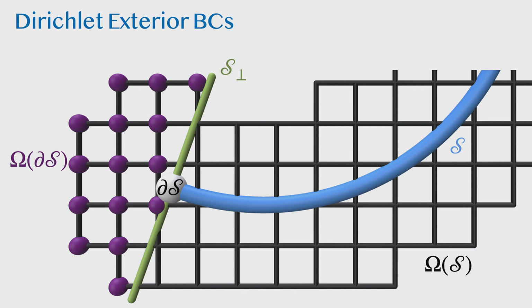For Dirichlet boundary conditions, you do actually have to do some modification of the equations. The exact boundary condition alpha just gets assigned to all the grid points in the boundary set. This results in a first order accurate approximation of the Dirichlet boundary condition.